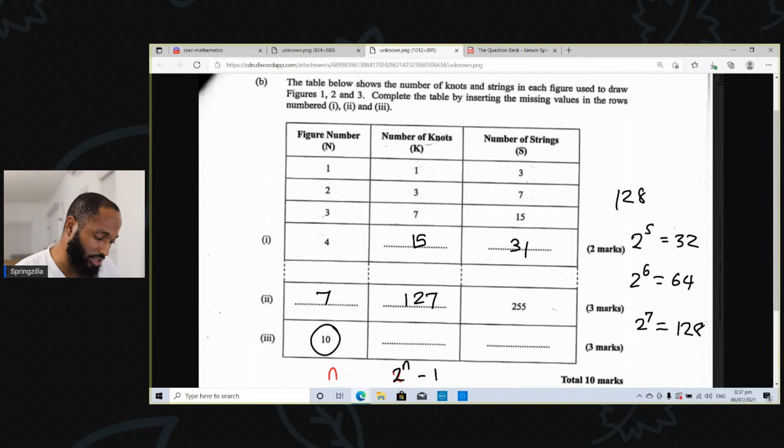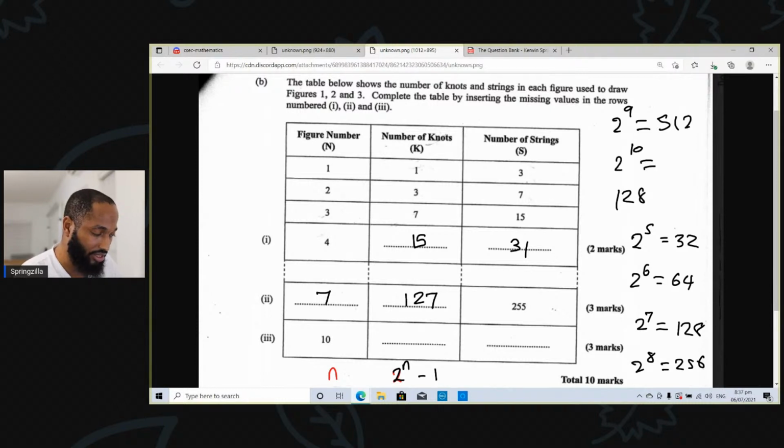And this is like 2 to the power of 10. 2 to the power of 8 is 256, 2 to the power of 9 is 512, 2 to the power of 10, to double check it, is 1024. Is it 1024? Minus 1, so 1023.